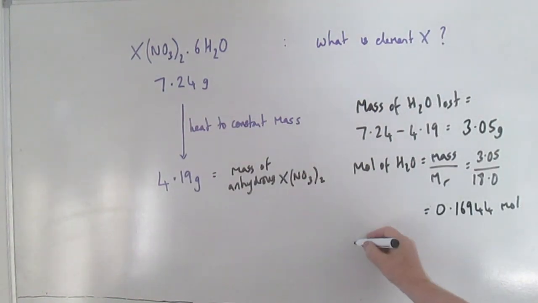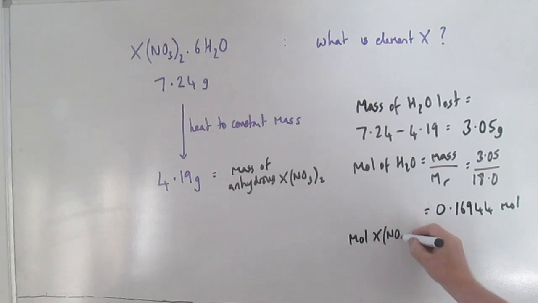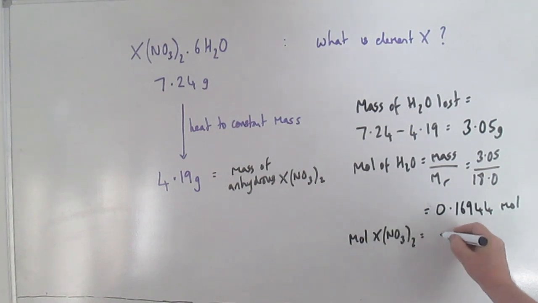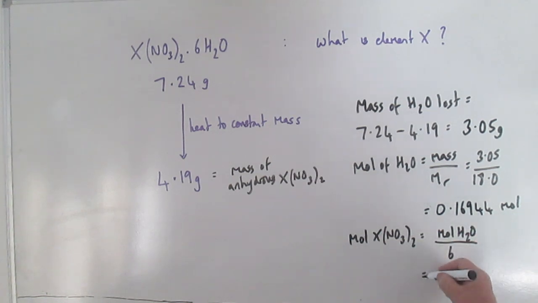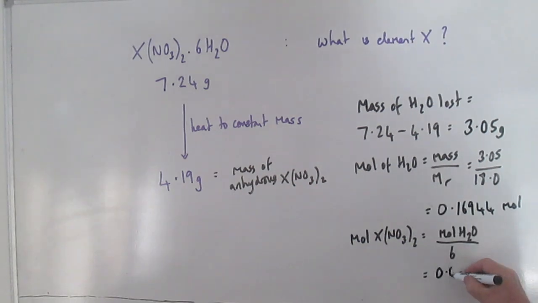So we can write down that the moles of X(NO3)2 is the moles of water divided by 6. And if we divide that number by 6, we get 0.02824 is that number.